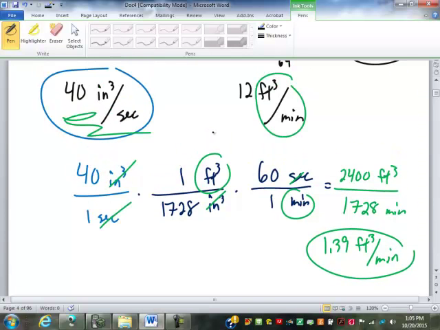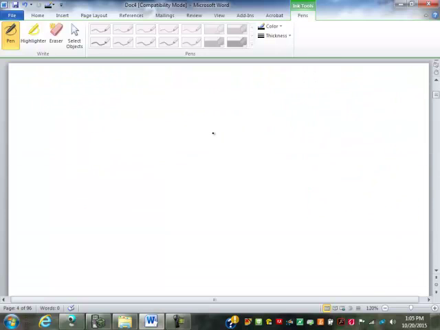Okay. Let's say you've got a piece of lumber. You look up wood, and the piece you're working with has a density of 42 pounds per cubic foot.